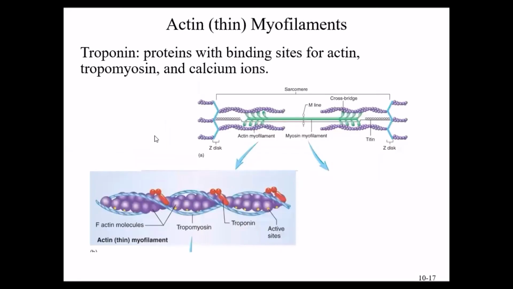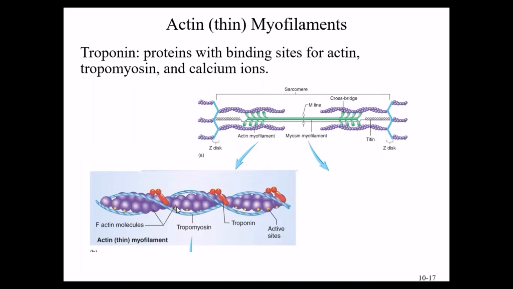You also have a second protein called troponin. Troponin is a smaller protein, and it serves as a binding site on the molecules here of the actin myofilaments. So you've got the actin here, it's a double helix. On each one of these little F-actin molecules, you have a binding site there.